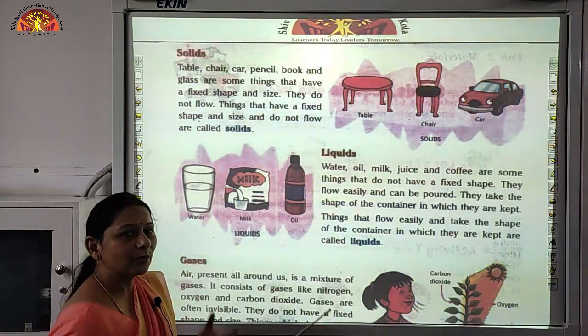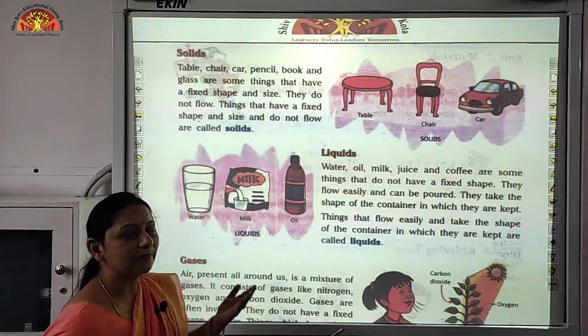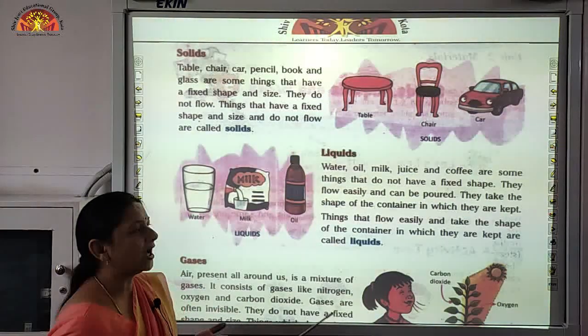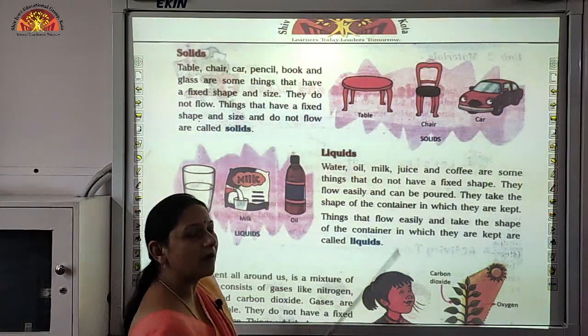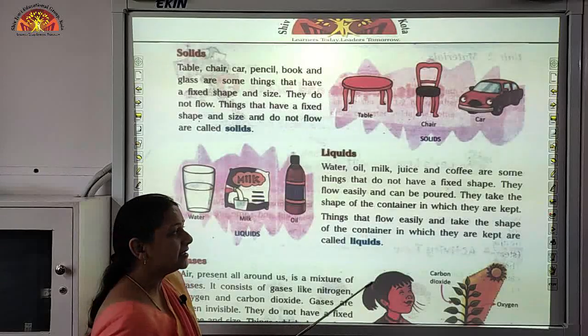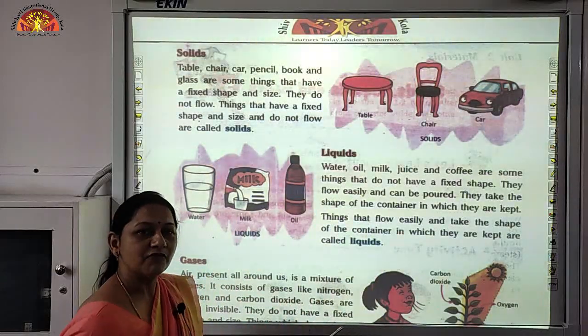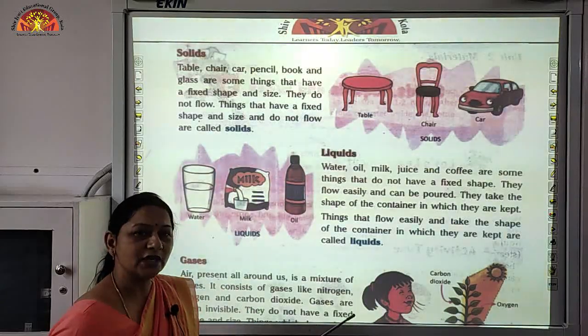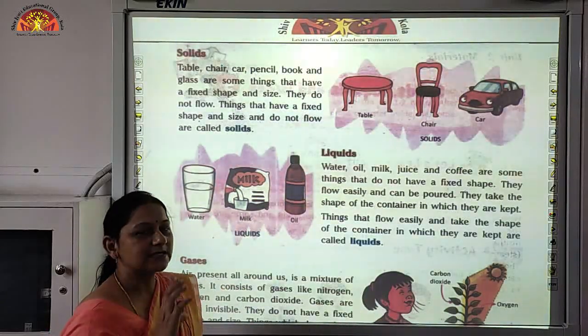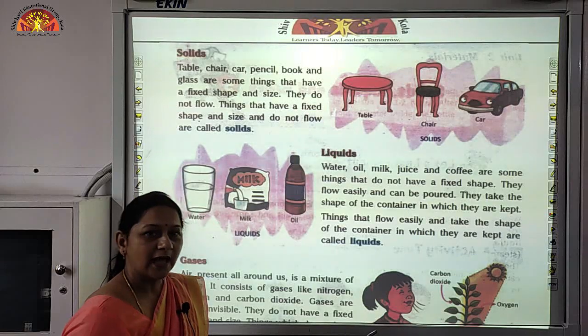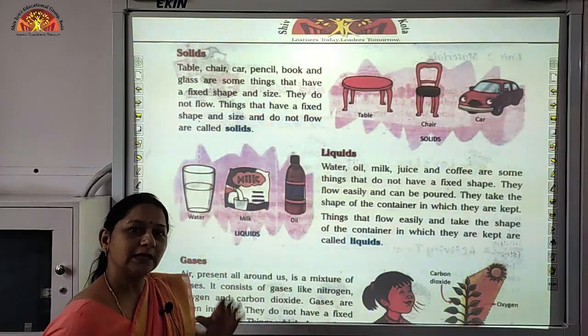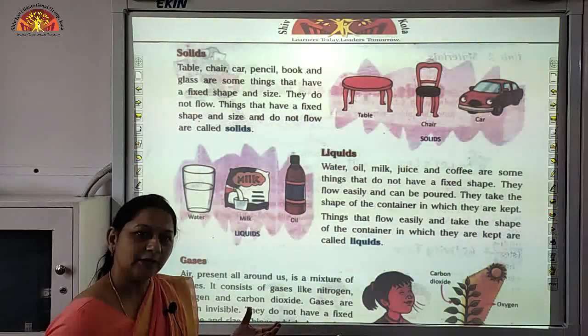Now the liquids are, for example, water, milk that you have in the morning, all these are liquids and they do not have a fixed shape. Yes, you can see water, it does not have a fixed shape. When it is in the glass, it takes the shape of the glass, and as we put it in the bottle, it takes the shape of the bottle.